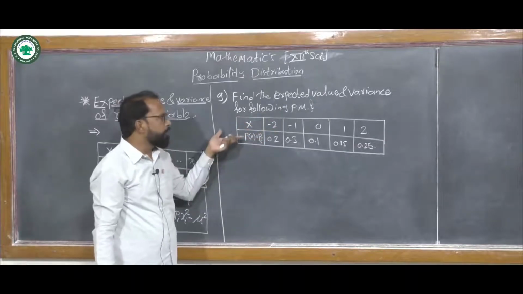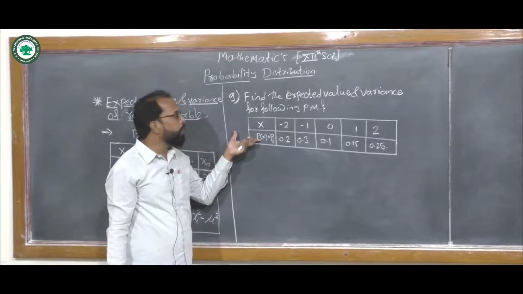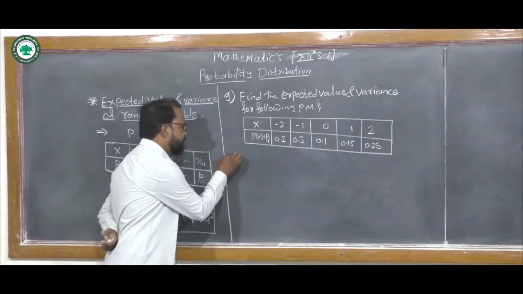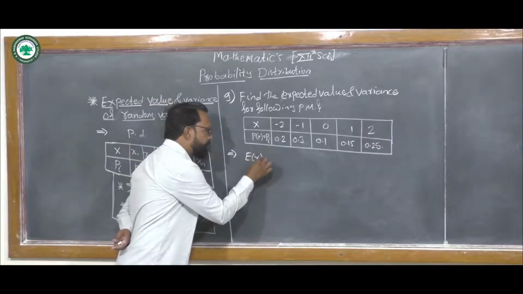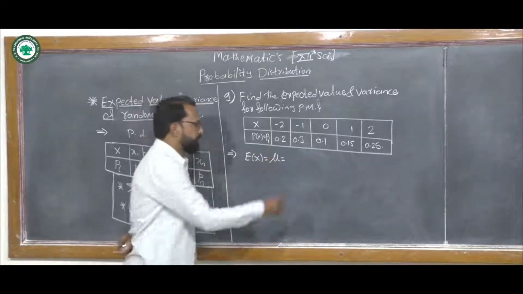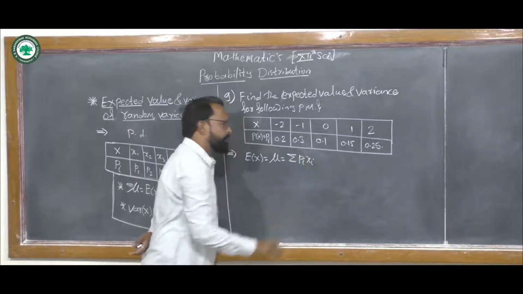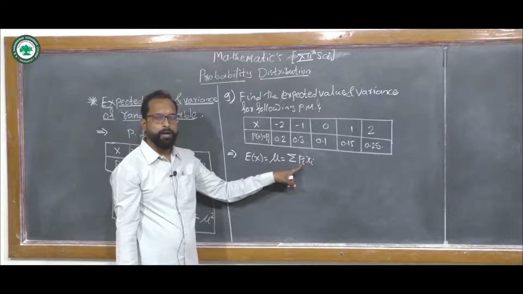Here we have been given the PMF, that is the probability mass function, and we have to find the expected value and variance. Now we know that the formula for expected value E of x, or simply mu, is equal to summation pi into xi, or you can say summation xi into pi.